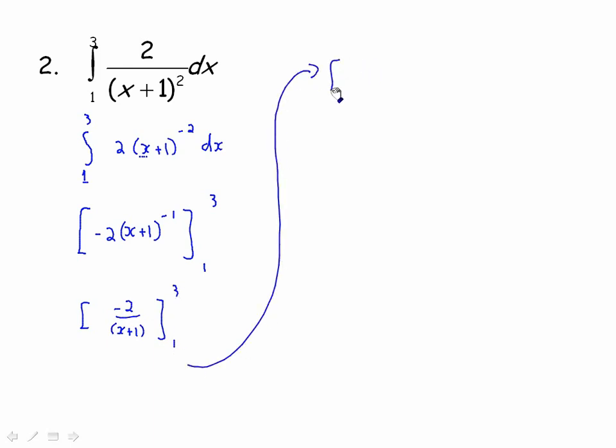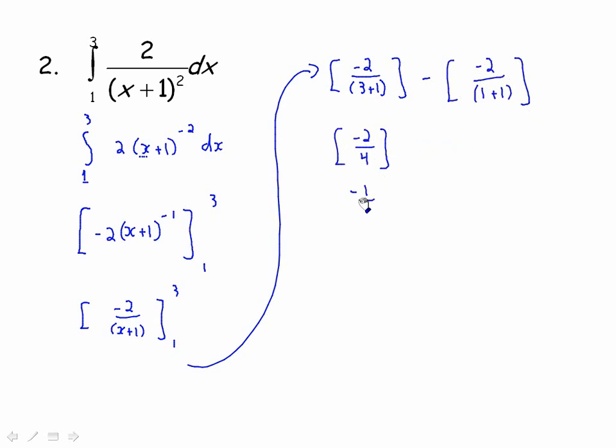So we do our substitutions. So negative 2 over 3 plus 1 minus negative 2 over 1 plus 1. So negative 2 over 4, negative 1/2, minus negative 2 divided by 2, which is negative 1.